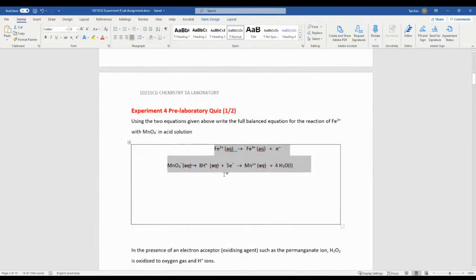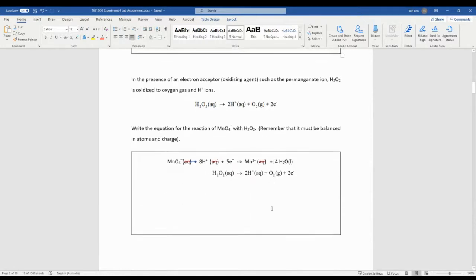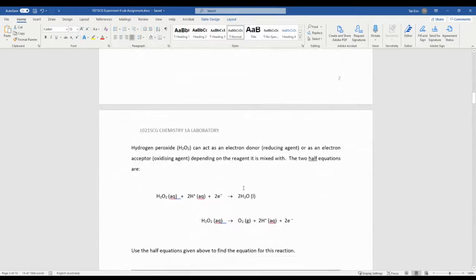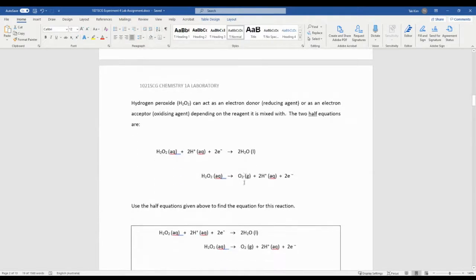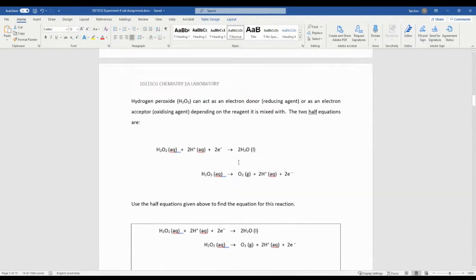Then you move on to the second experiment, which is potassium permanganate with hydrogen peroxide. You'll need to balance these to find the stoichiometric ratio to calculate your numbers later on. And lastly, this is just a practice question, so you should be able to do it.